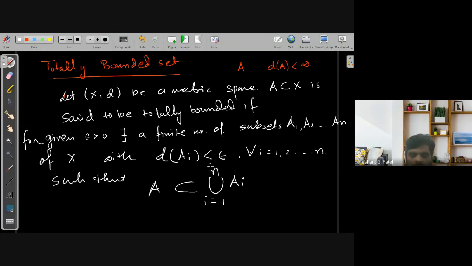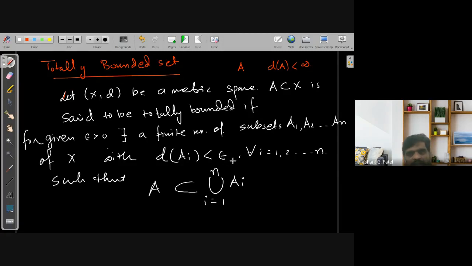Okay. So I can say that A is covered by the union of A1, A2 up to An, where each of them has a finite diameter for given epsilon.